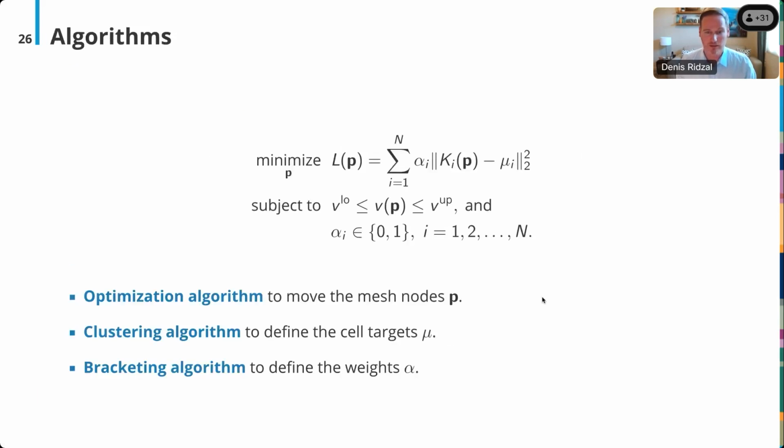All right, so now let's talk about the algorithms. This is the optimization problem. What are the missing ingredients? Well, we need an optimization method to solve it. But in addition to that, we also need to define the mu i's, the targets, and we need to define the alpha i's, which are the binary weights that we ultimately want.